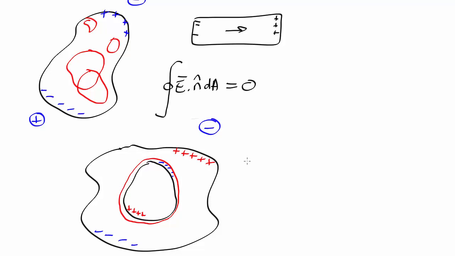So that's telling us, once again, that the surface integral E dot n dA equals 0. So there can't be any charge inside this hole on average. So the hole can't have on average a positive or a negative charge, otherwise there would have to be an electric field, and we know there isn't.